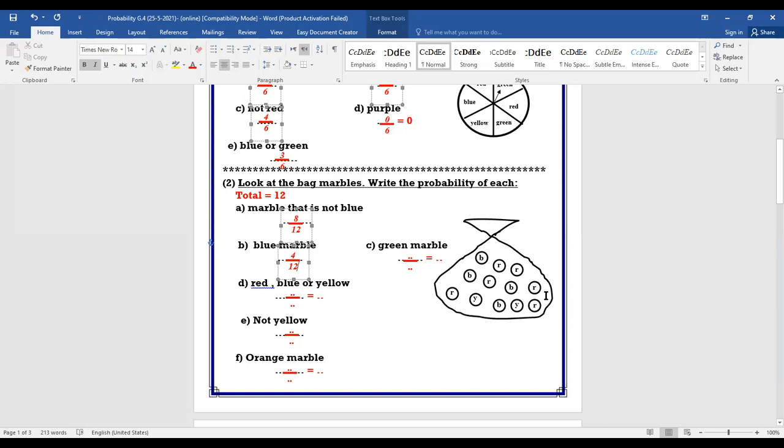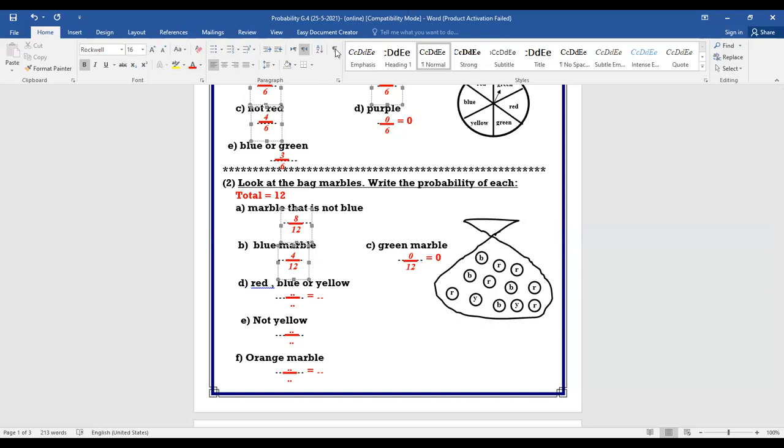The letter G stands for green. 0. There is no green here. It will be 0 out of the total number 12. And we said 0 out of any number equals 0.